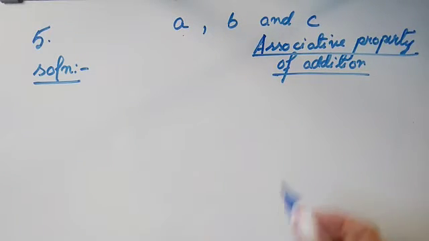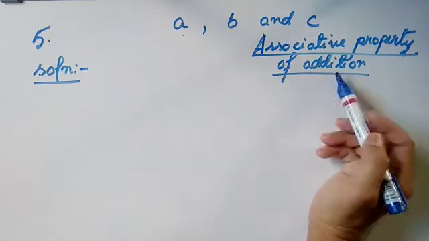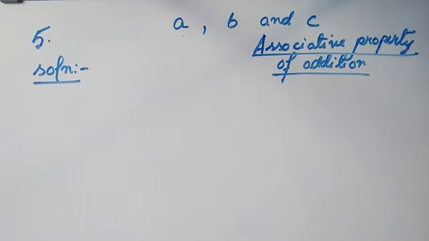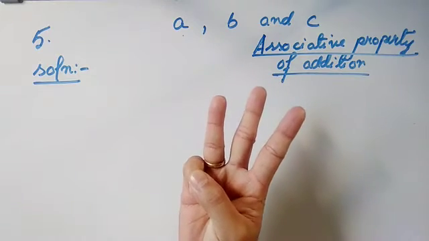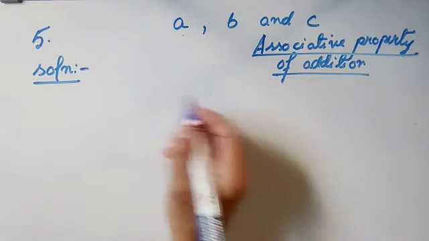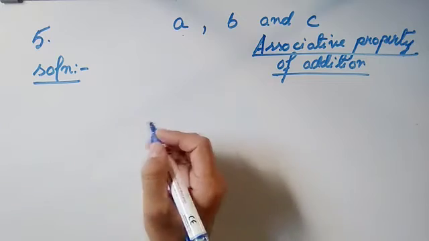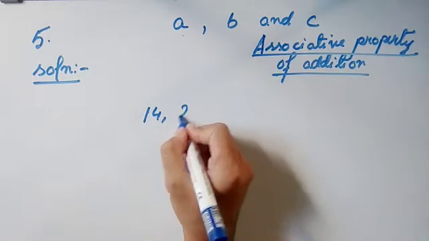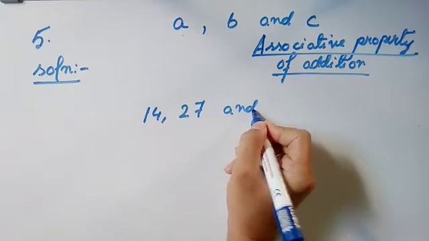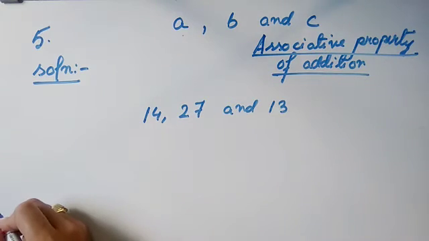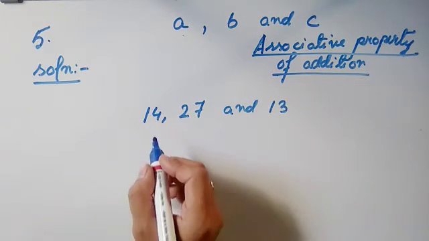Do you still remember what we mean by the associative property of addition? It states that the sum of any three numbers remains the same irrespective of their grouping. For example, in the question they have given us three numbers, 14, 27 and 13.